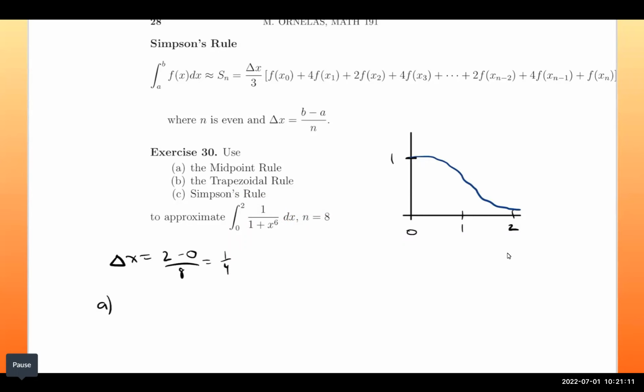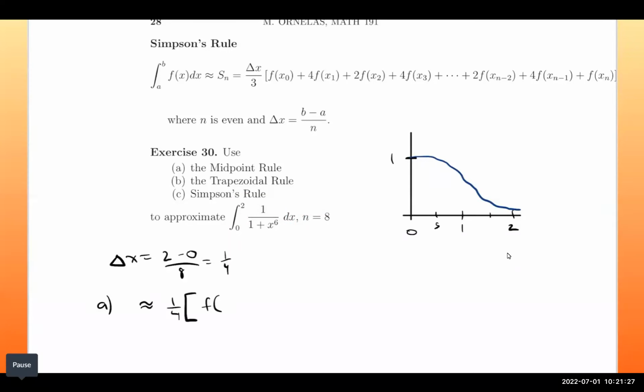All right, so by the midpoint rule, since we're doing part A first, the midpoint rule says that the approximation of this integral is going to equal delta x, which is 1/4, times the, so let's kind of draw out the rectangles.